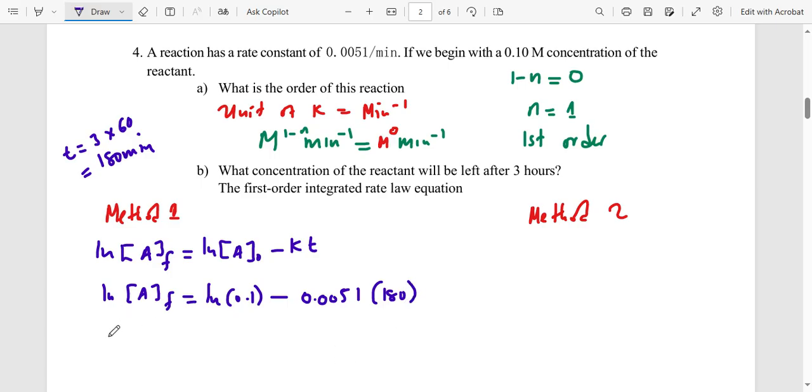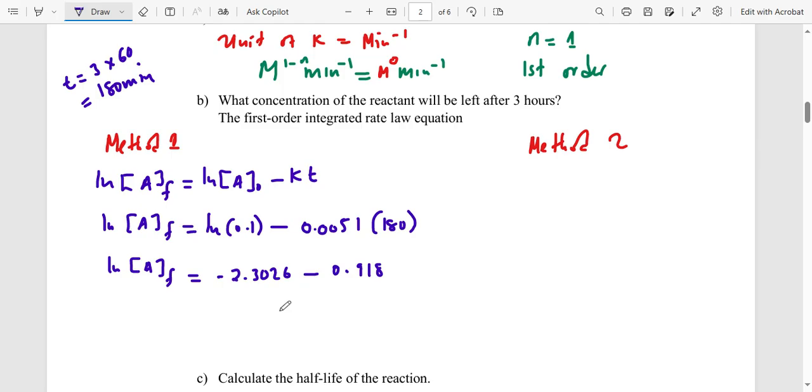So this will give us natural log of final concentration is equal to natural log of 0.1, which is going to give us a negative 2.3026, minus 0.0051 times 180, that will give us 0.918. And then you subtract those.